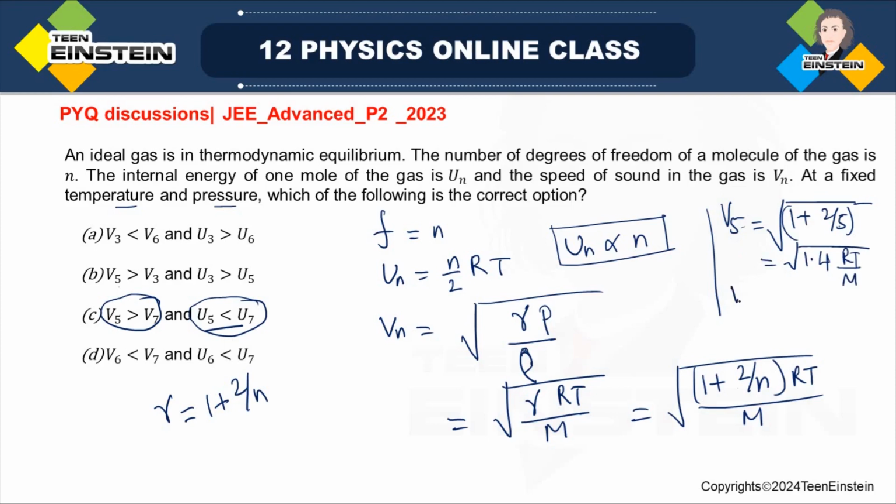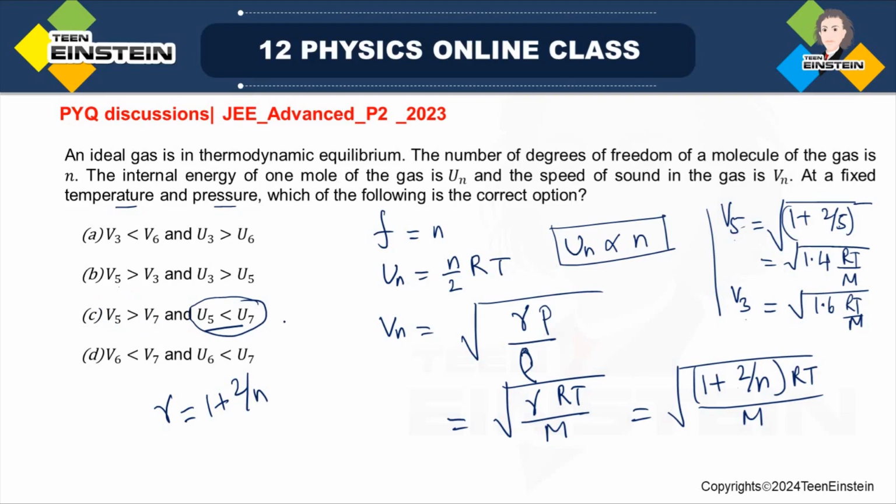But if I put n is equal to 3, then I get 1 plus 2 by 3, that means 0.6, so I'll get 1.6 times RT by M. So we can see obviously from here that V3 will be greater than V5, and V5 will be greater than V7. That means if you have greater degrees of freedom, then the speed of sound in that particular gas will be lesser.